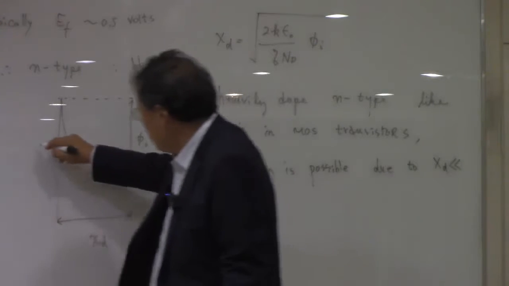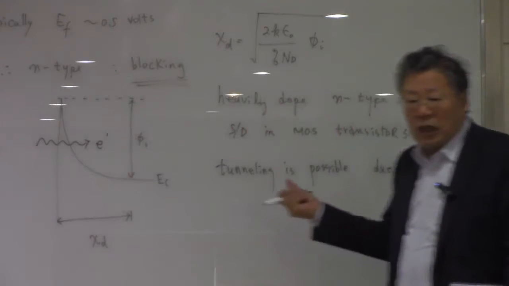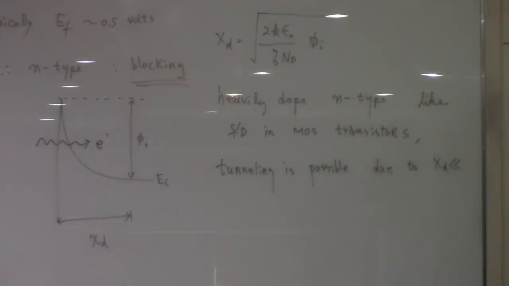So actually what's going to happen is that the electron is going to tunnel through this shallow depletion layer so that it becomes ohmic.